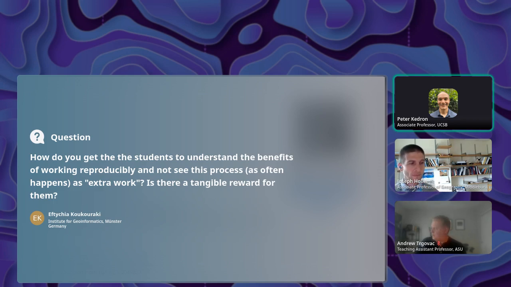Or when people encounter a coding problem or get stuck on something, we come together and solve that collectively. And that process of working together, I think, is quite enjoyable for students.